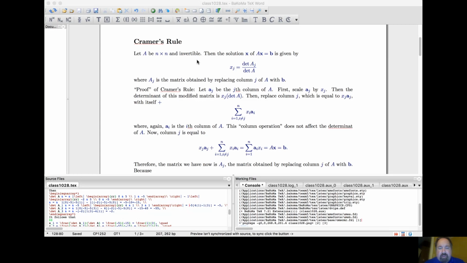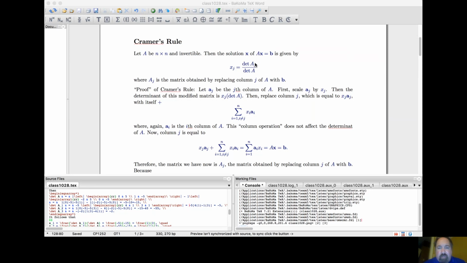Cramer's rule is a formula for the components of a solution X to a system of linear equations, AX equals B, where A is any square invertible matrix. So we can express each component of solution X using this formula of a determinant of Aj over determinant of A. Now, what is Aj?